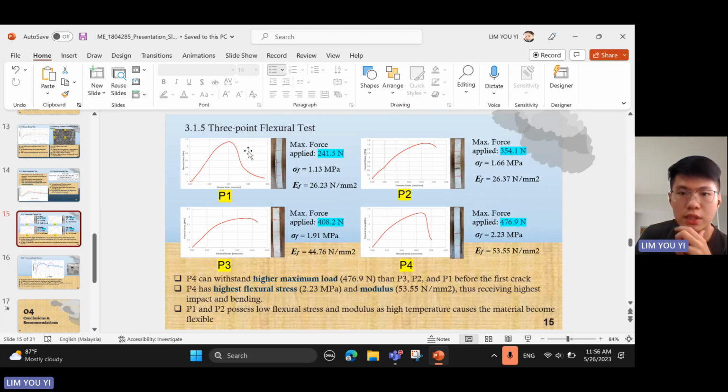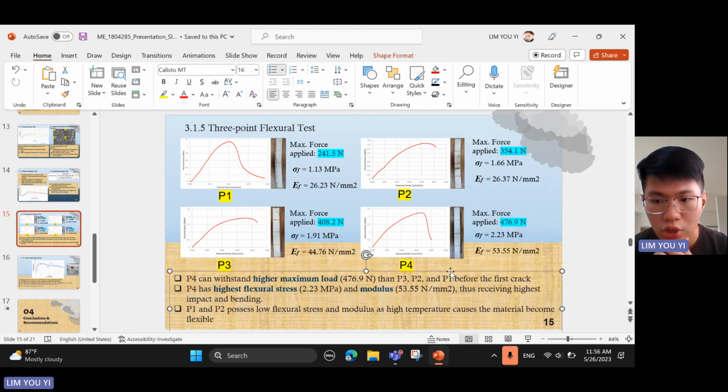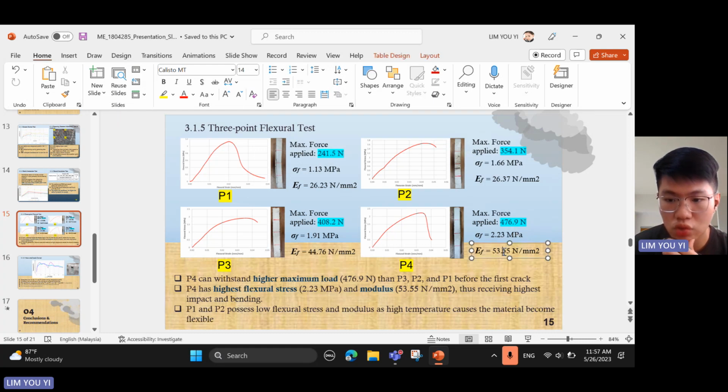Furthermore, the three-point flexural test allows us to determine the flexural strength and flexural modulus of each of the prototypes. After we conducted this test, prototype number 4 was found to have the highest flexural strength and flexural modulus, which is 2.23 megapascal of flexural strength and 53.55 Newton per millimeter square of flexural modulus.